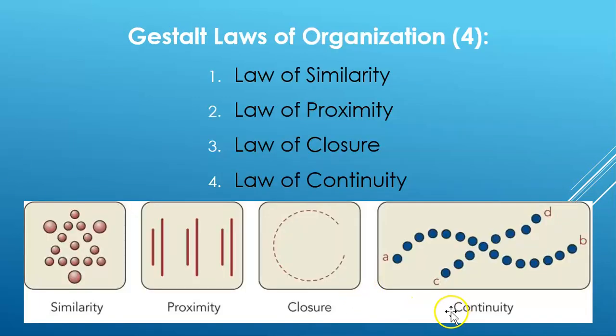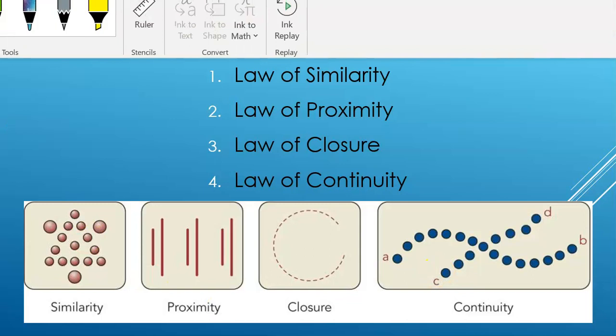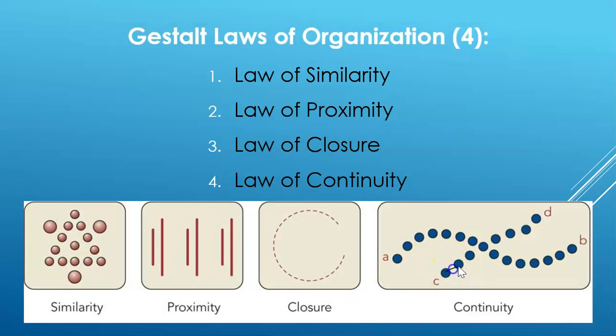Now the last one is the law of continuity, and what that's saying is that if I were to draw a straight line, let's draw lines here connecting all the dots.